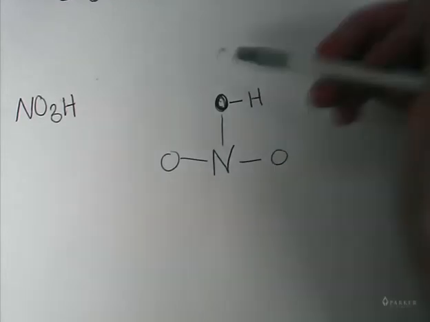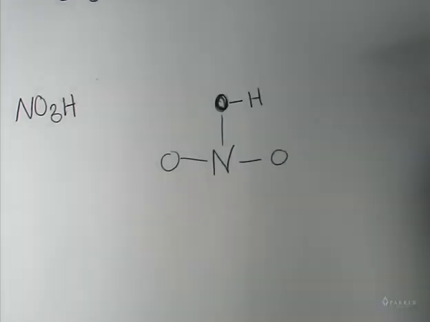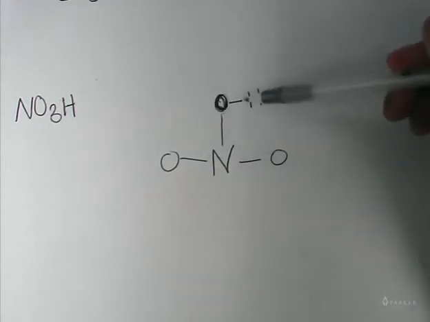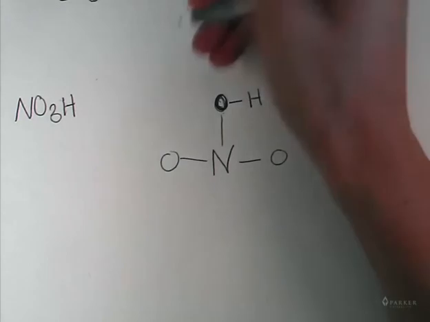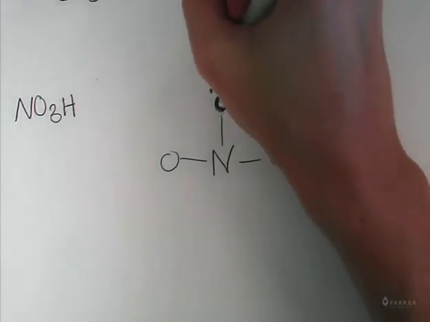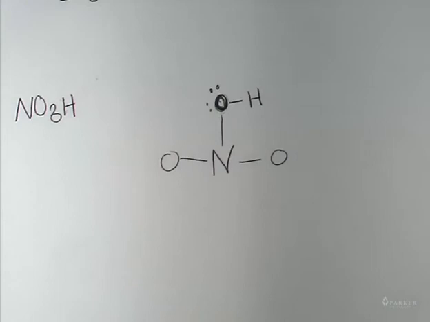Okay, so how many more electrons does this oxygen want? 4. It has 1, 2, 3, 4 that is sharing right now. So it wants 4 more. So I'm going to do 1, 2, 3, 4.